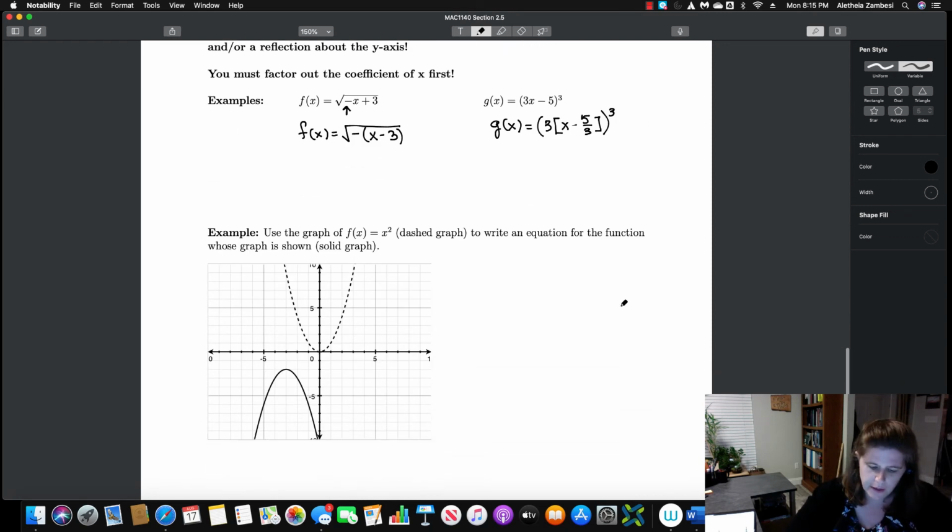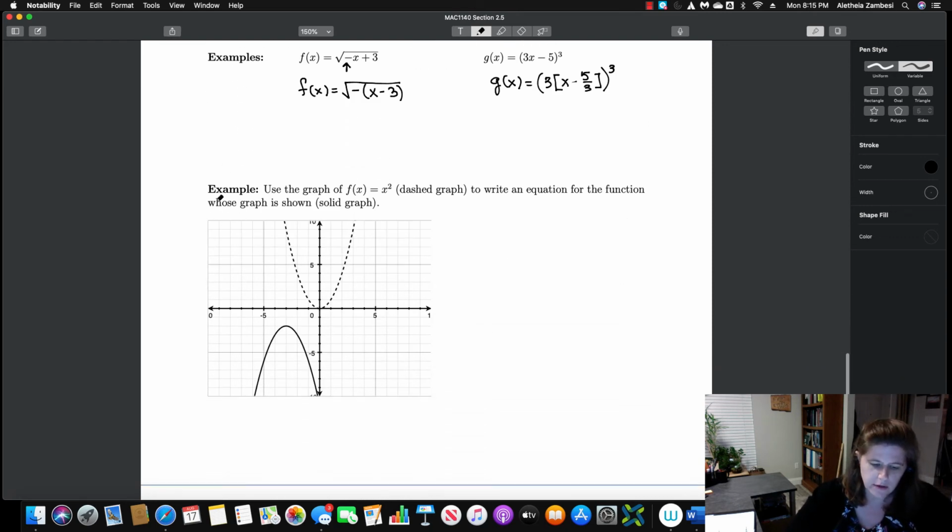All right, so if I want to write an equation for this particular graph, I'm starting with the graph x squared. So this is my parent function. Y, or f of x, is equal to x squared. Now it's flipped upside down. So remember, upside down means the whole thing is negative. So far I have f of x is equal to negative something x squared. Now I'm moving down 2 units.